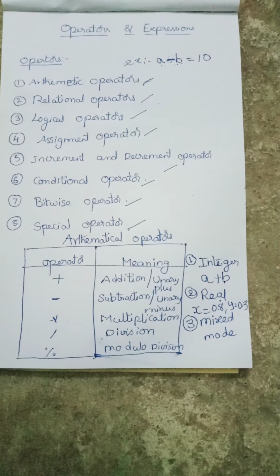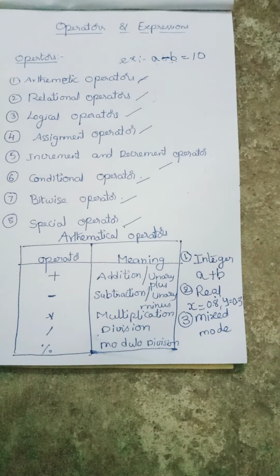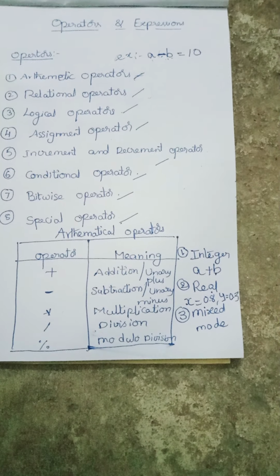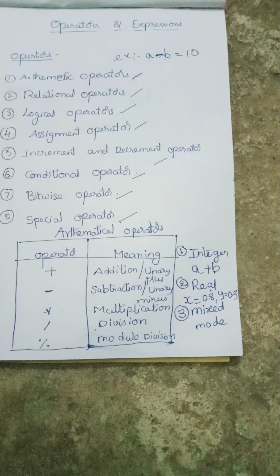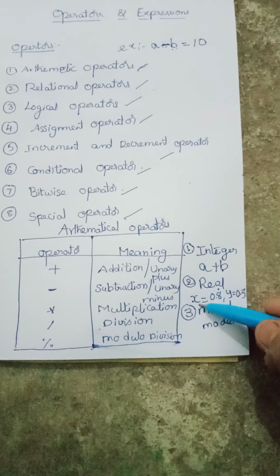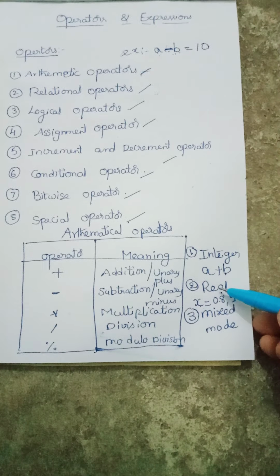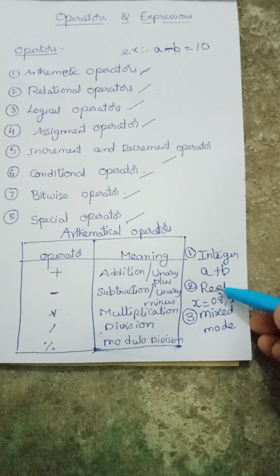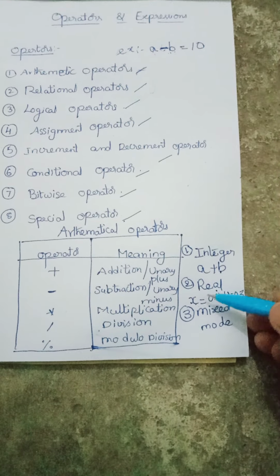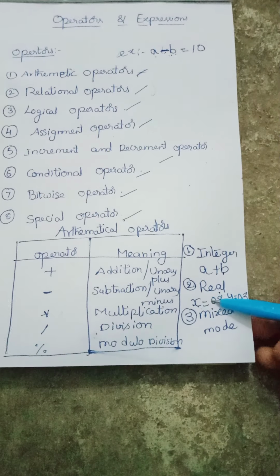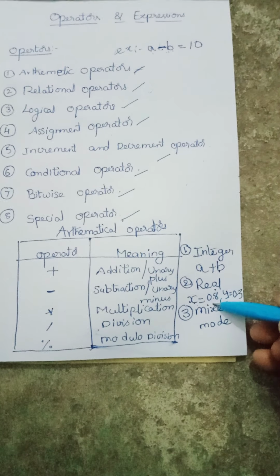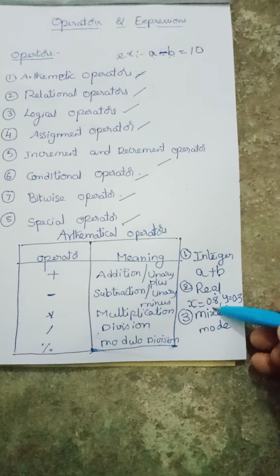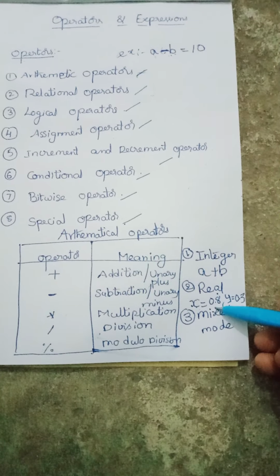A real operand may assume the values either in a decimal or exponential notation. Here x is a real operand, so x value is expressed in decimal form. Understood? Next one.